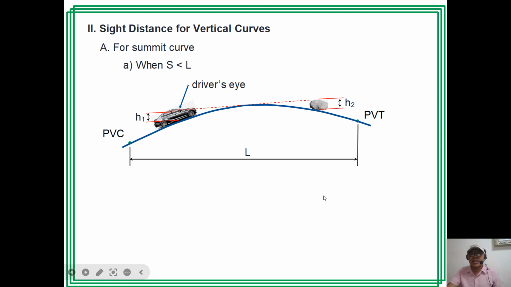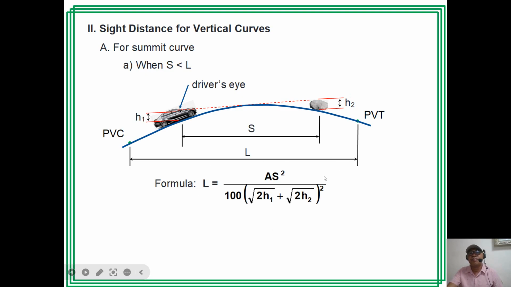From PC to PT we have the length of the curve, and this is the sight distance S. When S is less than L, this is given by the formula: S squared over 100 times the quantity square root of 2H1 plus square root of 2H2, squared, where A is the difference in the gradient, G1 minus G2 in percent. With G1 positive and G2 negative, we come up with G1 plus G2 in percent.